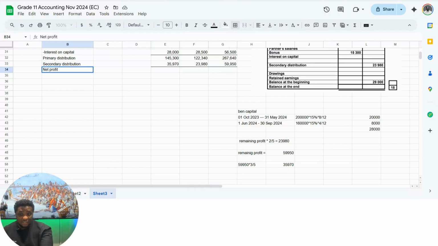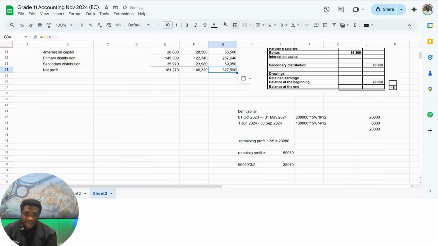So if the question asks for the net profit, you'd pretty much add up your primary distribution along with your secondary distribution. So then ultimately the profit that this business had made this year was 327,590. So that would be that line item that was left there.